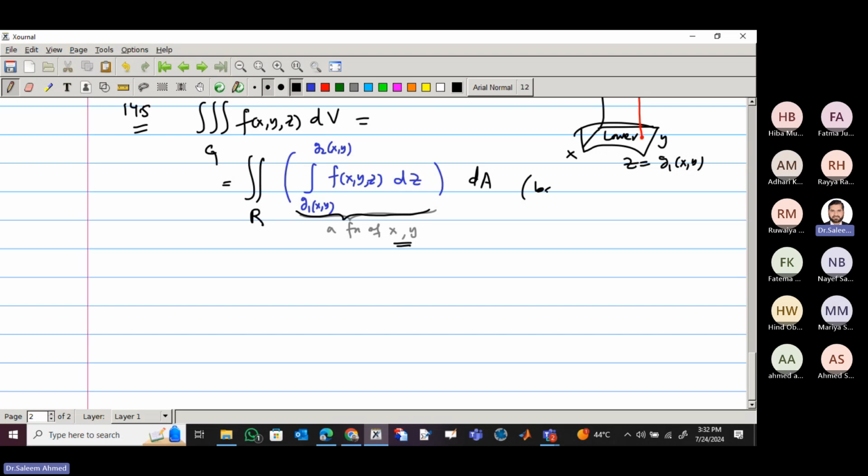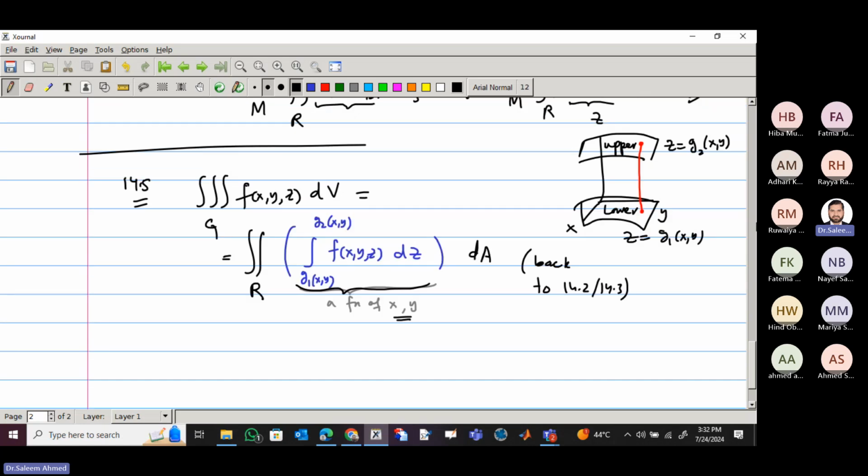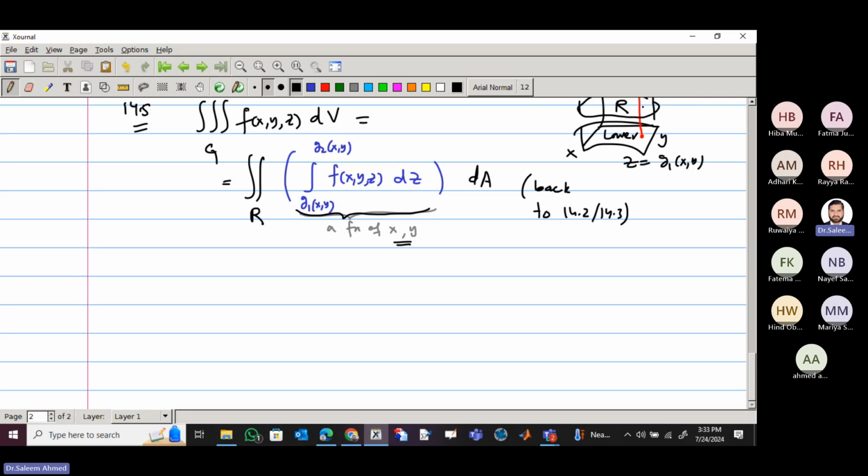So we are back to 14.2 or 14.3. So in 14.5, there is just one thing which is extra, which is z, right? But dA. Now you will see what region it occupies in the xy plane. So what you can do, you can write this region separately in the xy plane, bring this region.